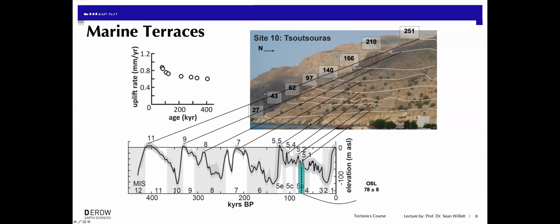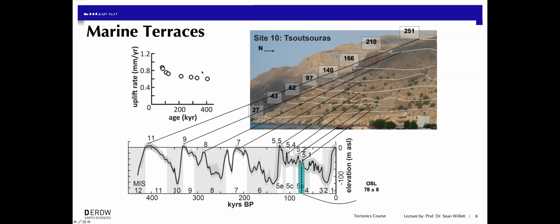This is the sea level curve, and relating each of these terraces to a particular high stand of sea level. So again, not all of the high stands are preserved, but those that are high, depending on the background uplift rate, some of these will be preserved. And if we can then correlate these, and of course this is somewhat of an opinion, a subjective determination, we can then begin to build this sort of a data set like this, where we can look at the current elevation and the age of each of those terraces, and from that we can back out an uplift rate.